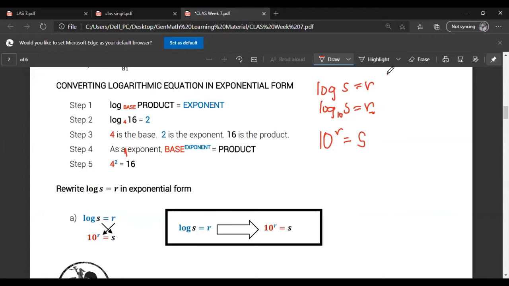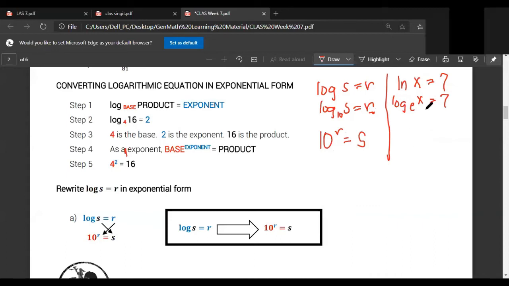What else? Let's do ln. ln of x is equal to 7. What is ln? It stands for the logarithm of x with a base e is equal to 7. So you won't be confused, transform ln into log with the base e.